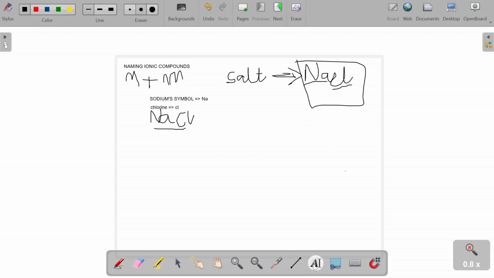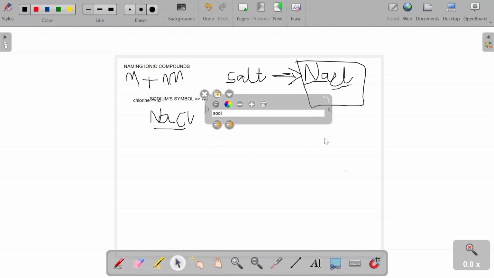It's actually very simple. We start with the first element of this chemical compound, which is sodium. We're just going to write it like that.